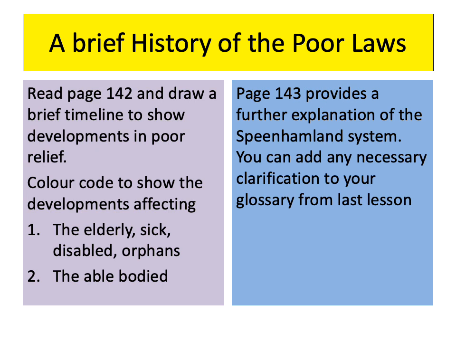Okay, so hopefully you've finished your timeline now. And the final thing that I would like you to do before we turn over any further, page 143 under the subheading Outdoor Relief just provides a brief further explanation of the Speenhamland system, and that was one of the key terms that I asked you to write in your glossary last lesson. So have a little read of that paragraph. It's fairly self-explanatory.